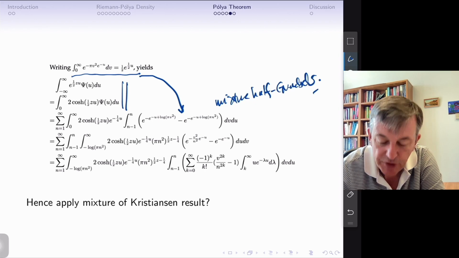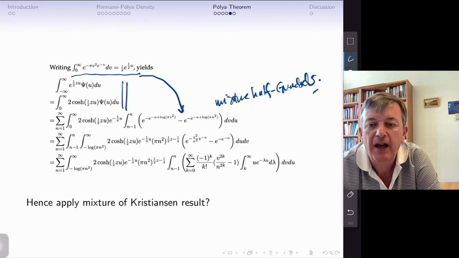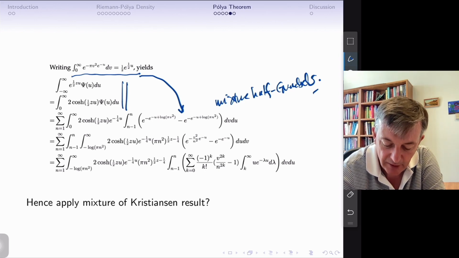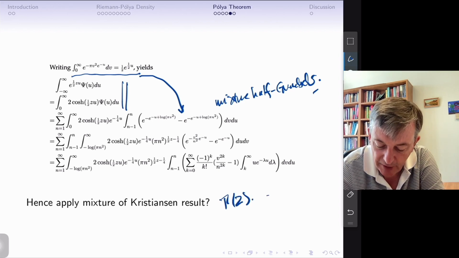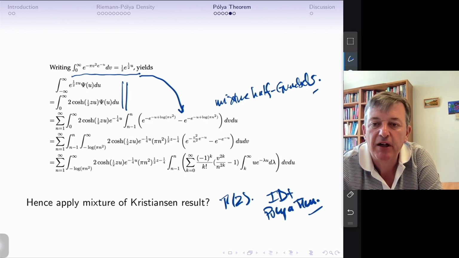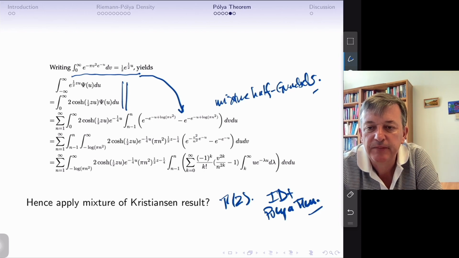And then remember, from the Christensen result, I then want to write mixtures of half Gumbels as mixtures of gamma 2s. So the question is, can I rewrite this as mixtures of gamma 2s, and can I then use the infinite divisibility? And then can I use Polya's theorem, which writes things as mixtures of known entire functions that only have real zeros?